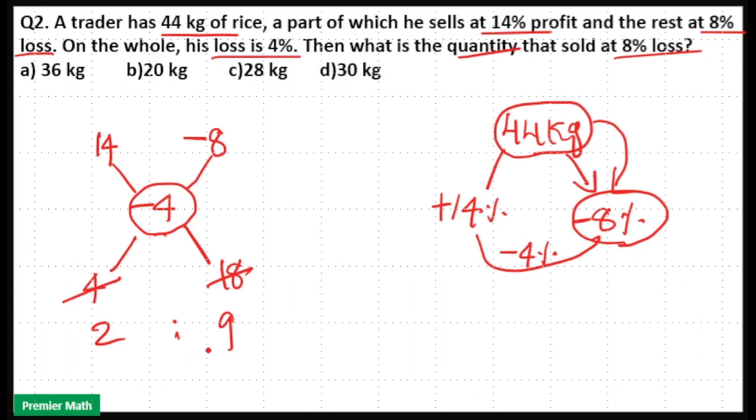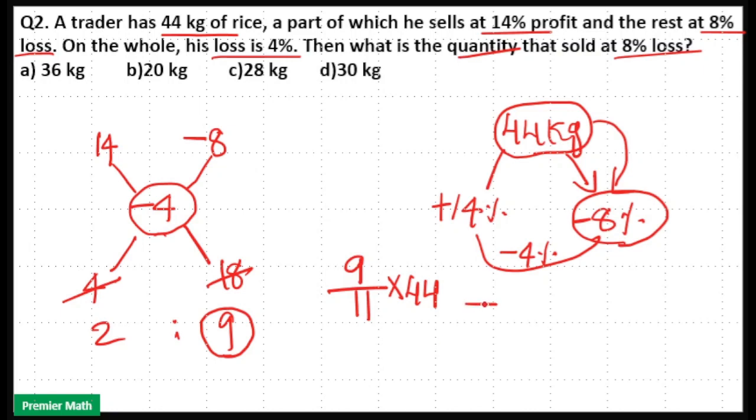So we need to find out 9 parts. This is the loss. Total parts is equal to 11, and out of which 9 parts are loss factor. So if you want to find out the original number, multiply it with original number, that is 44 kilogram. So in 44 kilogram, out of 11 parts, 9 parts are 8% loss.